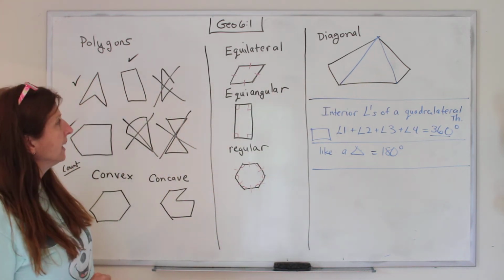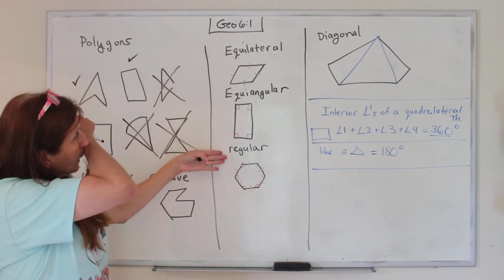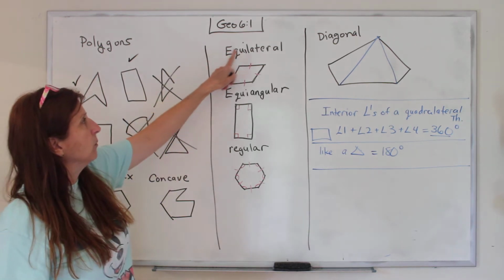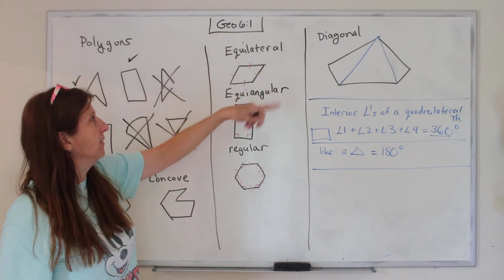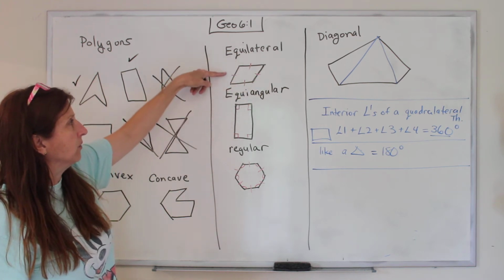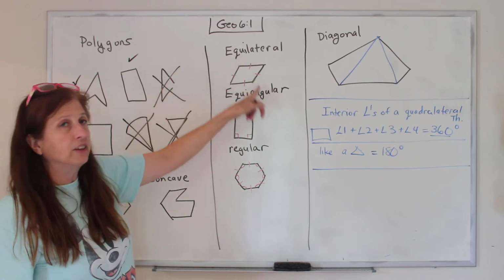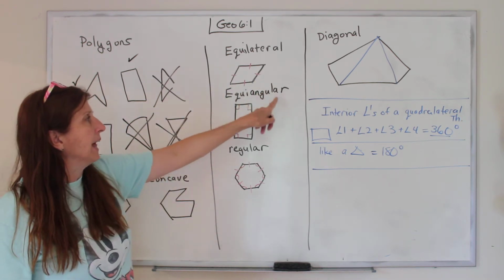Okay, next idea. You can have equilateral, equiangular, or regular polygons. If it's equilateral, equa means equal, lateral means length of the sides. So this one has 4 equal sides, it's equilateral. But notice its angles are different. Doesn't matter, it's still equilateral. This one is equiangular.